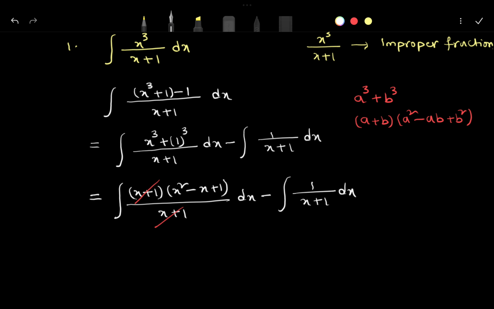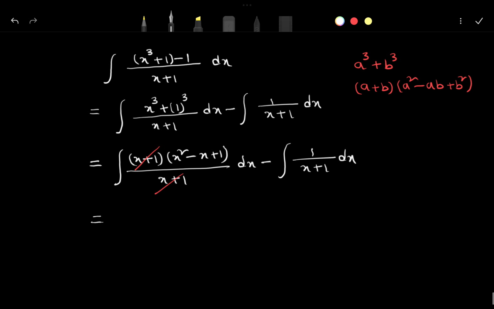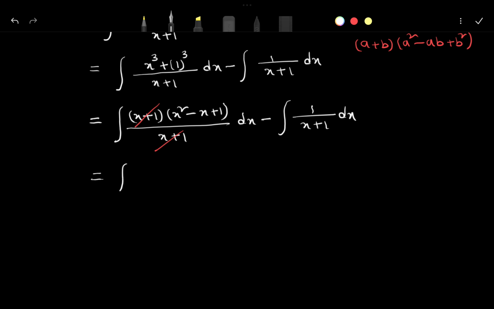What is the remaining value? This will be equal to the integration of x square minus x plus 1 into dx, minus the integration of 1 divided by x plus 1 into dx.